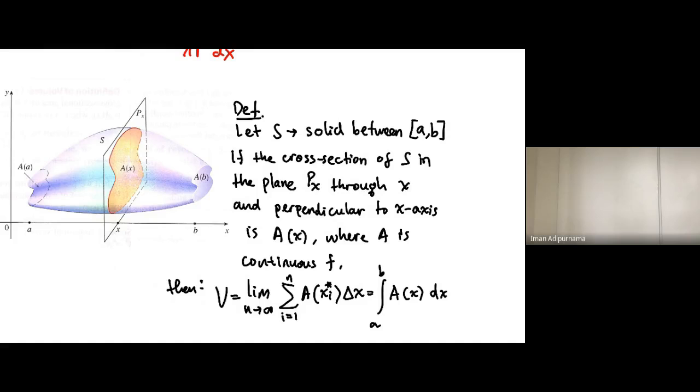Doesn't matter. The concept is still the same. The area multiplied by dx. Dx is actually the height of the tube, the disk, right? Usually we also call this a solid of revolution. You have an area and you rotate the area and it becomes a solid.